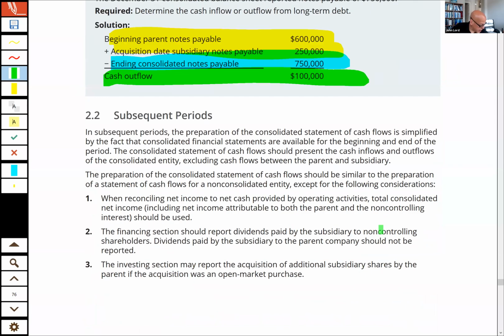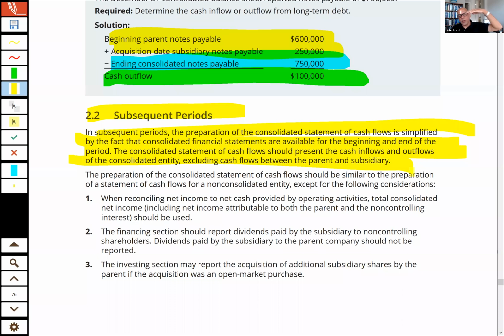Now, for subsequent periods, I just have a hard time thinking the examiners are going to get you into a second period after the consolidation on this. But in the subsequent period, you're going to be able to more easily prepare the consolidation, because you would be able to start with the consolidated income statement and the consolidated balance sheet from the previous year.